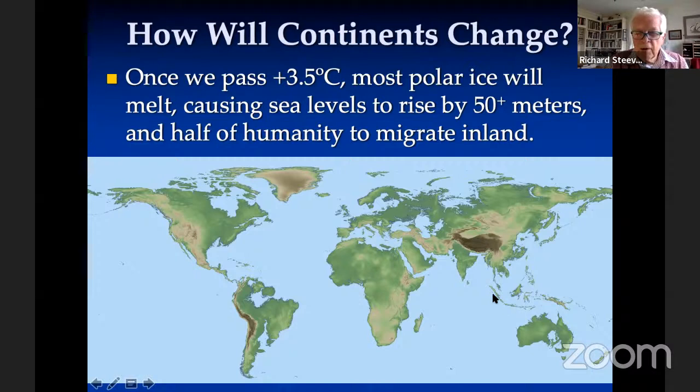Indonesia might hang on close to the volcanoes. Australia will take some big bites, and so on. Japan looks like it'll still be there, but more volcanic, not very much lowland, and so on. Siberia will be quite different too. So it's a map when you think half of humanity to migrate inland.